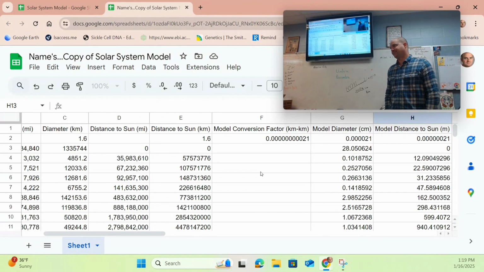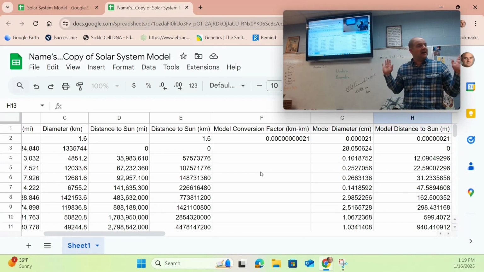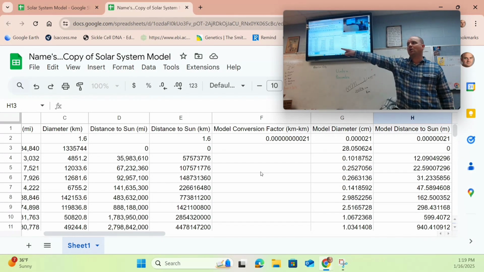Just over 3. Okay. So I want to say 3 feet is 36 inches, right? And a meter is 39 inches, I want to say. So anyway, basically we're looking about 37 feet. Okay. That would put, if that's the sun there, Mercury would be at the wall.